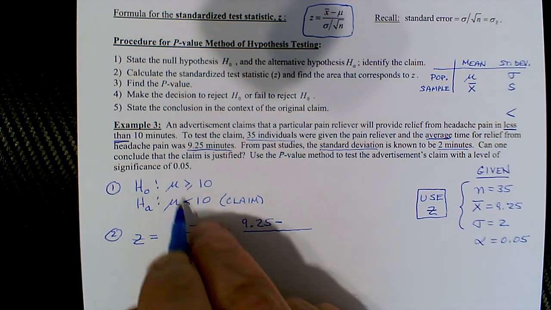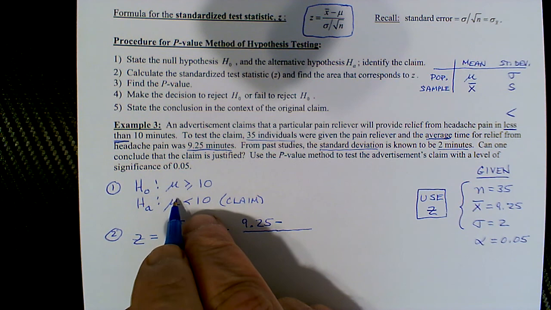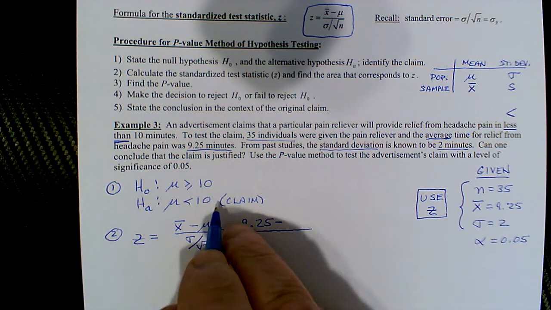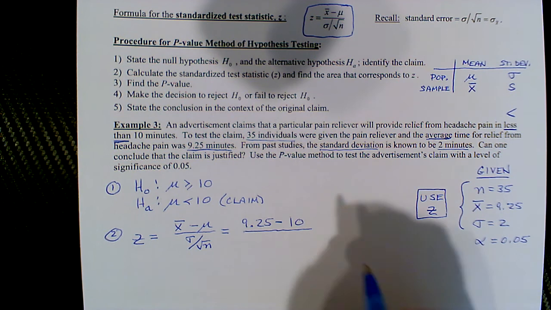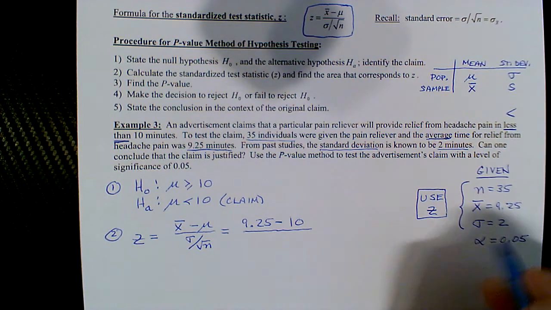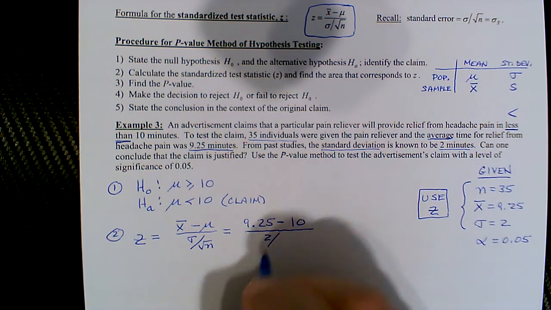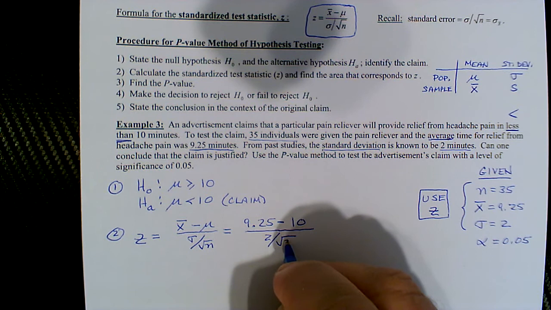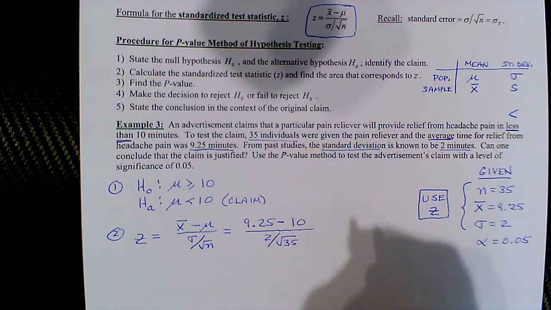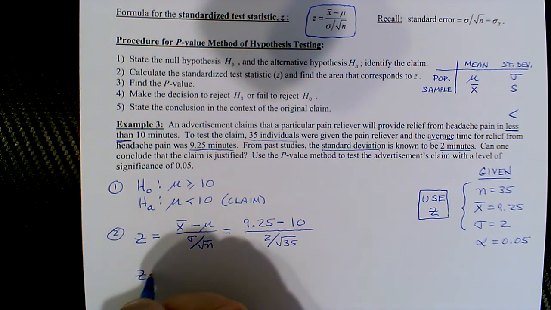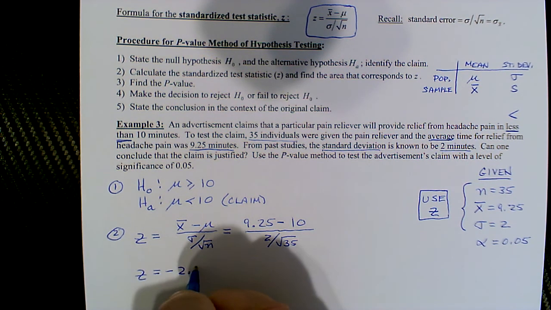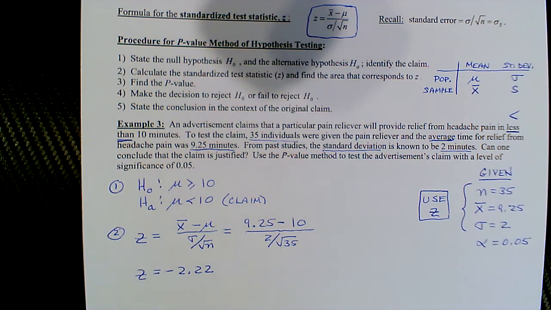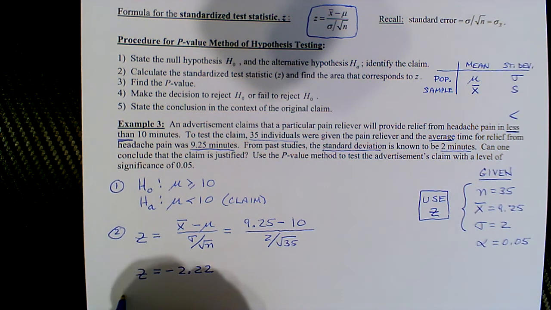So go back for your mu, always go back to the hypotheses, and that's the population mean. So 10 in this case, all divided by sigma from the given, 2, over the square root of 35. And so therefore we get a z-score of negative 2.22.